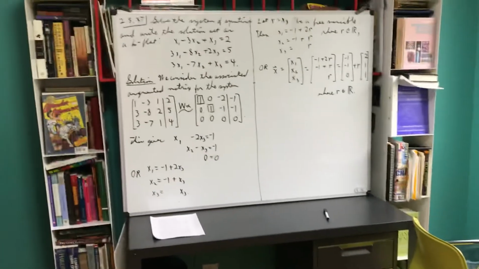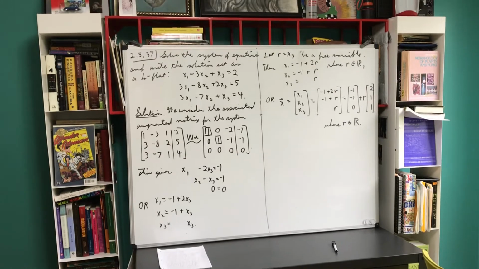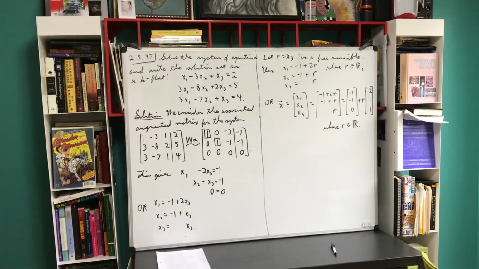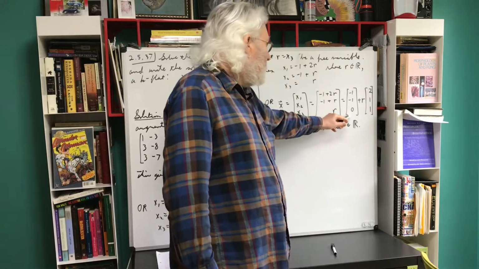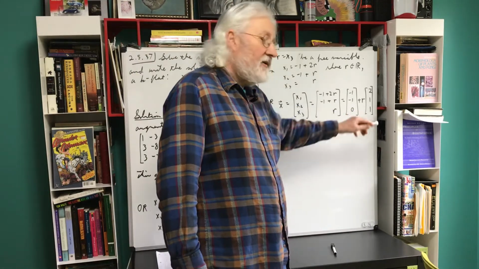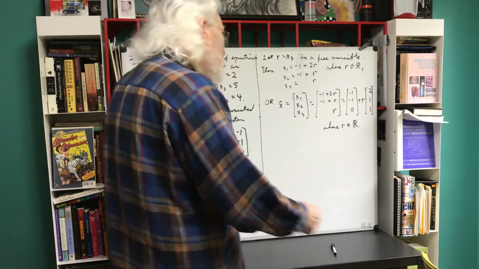So in this case, this is the translation vector, and this single vector is a basis for a subspace.